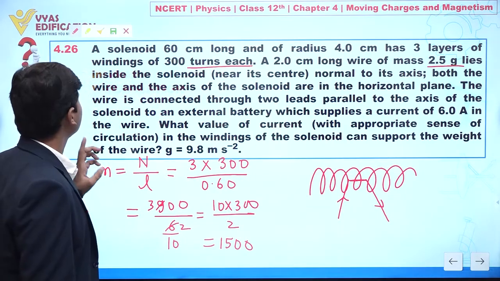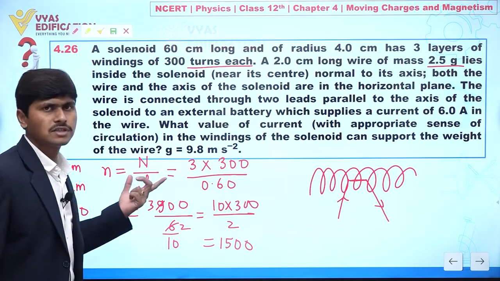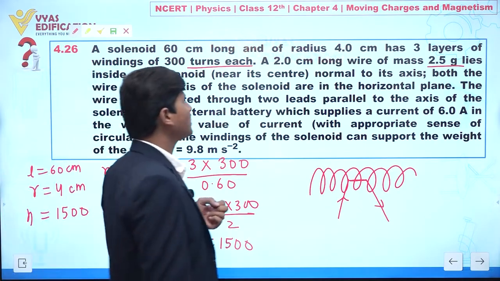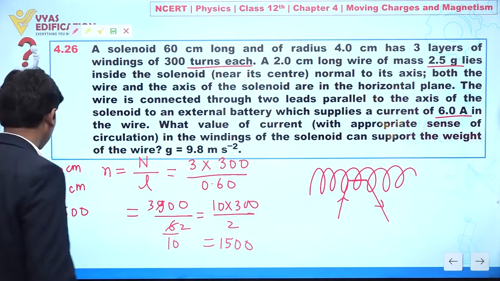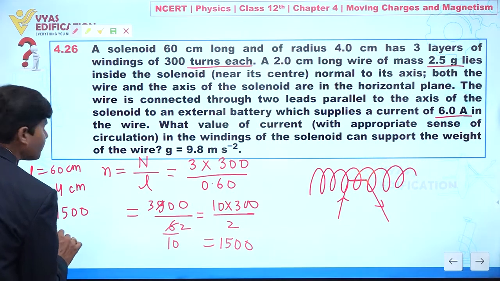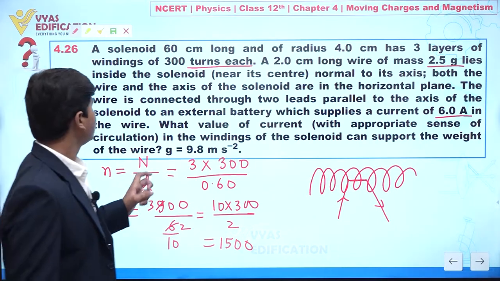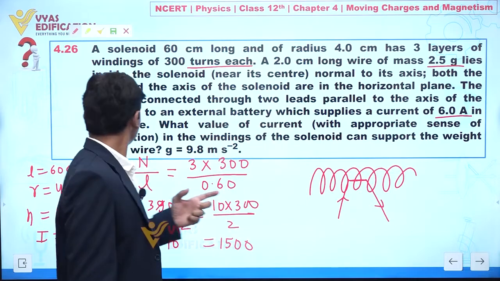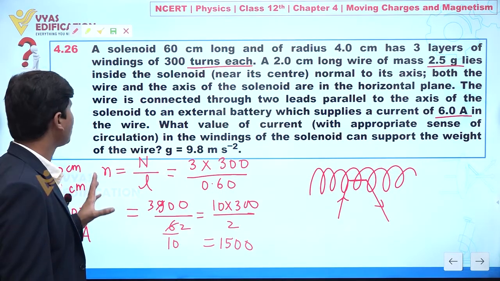The wire is connected through 2 leads parallel to the axis of the solenoid. The external battery supplies a current of 6 ampere in the wire. So the current is also given, 6 ampere.